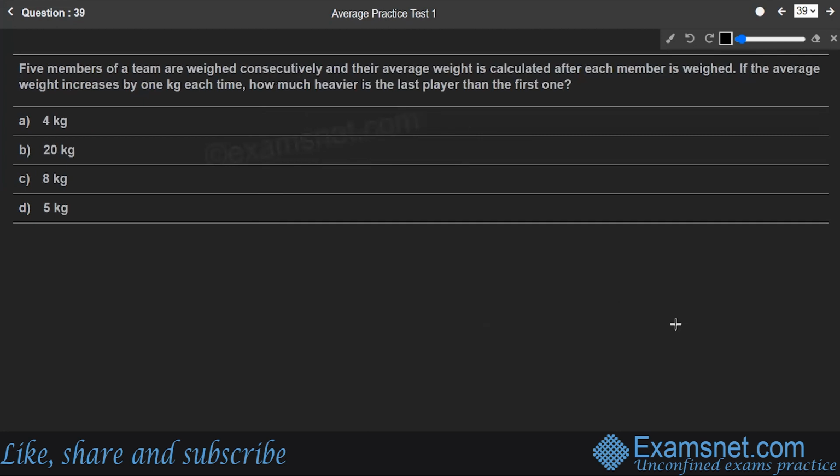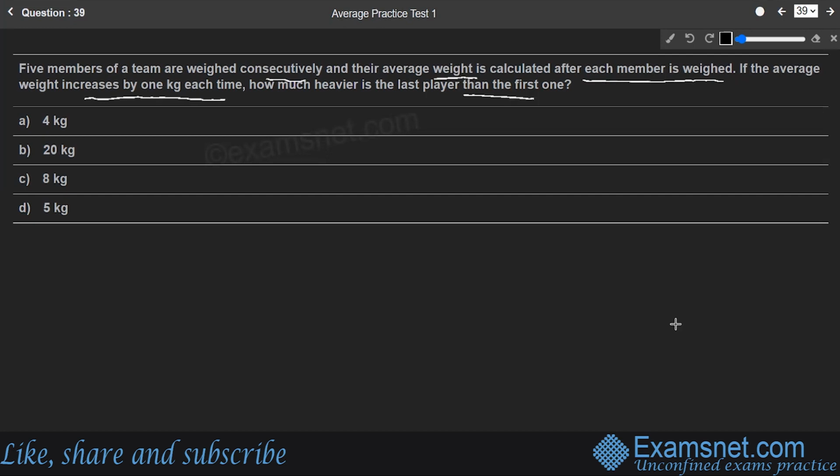Now, five members of a team are weighed consecutively and their average weight is calculated after each member is weighed. If the average weight increases by 1 kg each time, how much heavier is the last player than the first one?